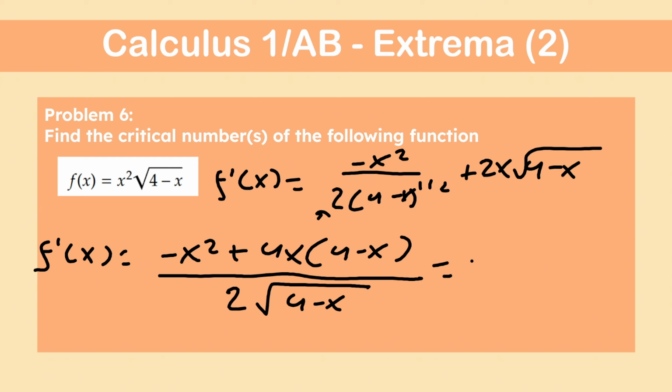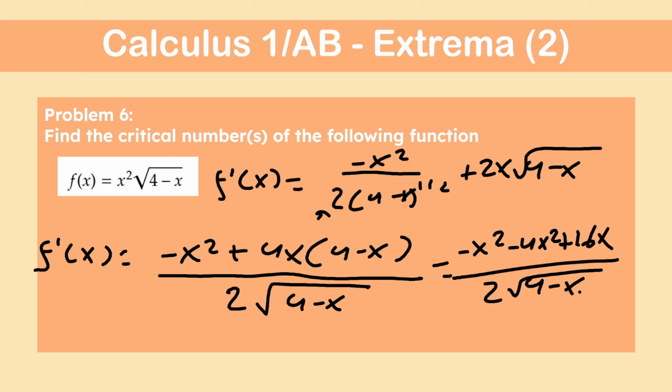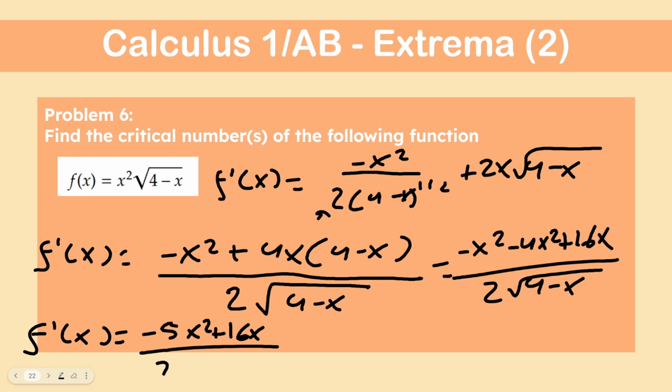We can simplify this even more and say this is negative x squared minus 4x squared plus 16x over 2 square root of 4 minus x. F prime of x simplifies to negative 5x squared plus 16x all over 2 square root of 4 minus x.